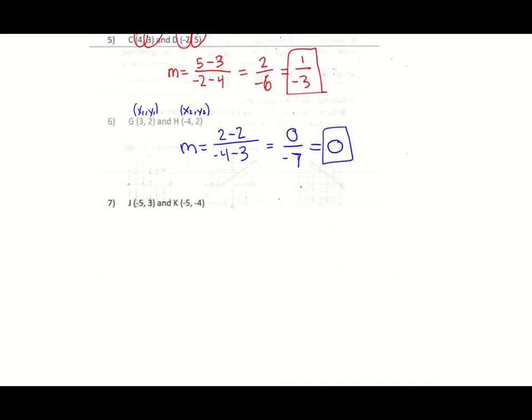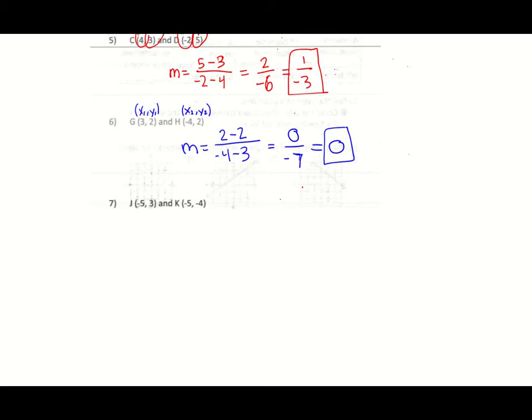Okay, my last question, number 7. My first point is x1, y1, x2, y2. My slope is y2, which is -4, minus y1, which is 3, over x2, which is -5, minus x1, which is also negative 5.